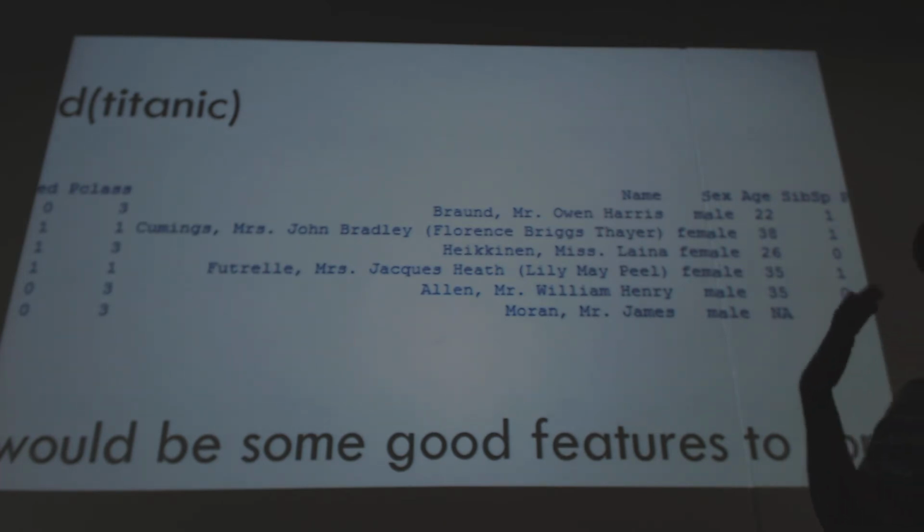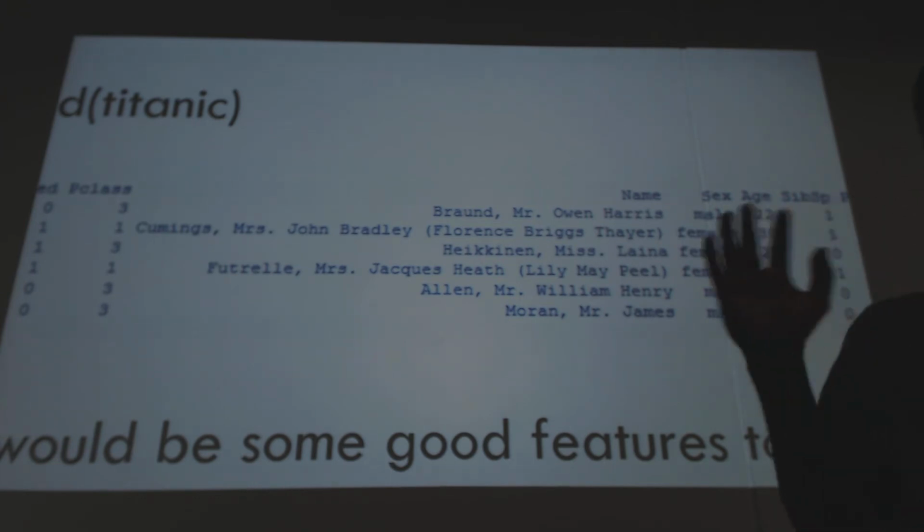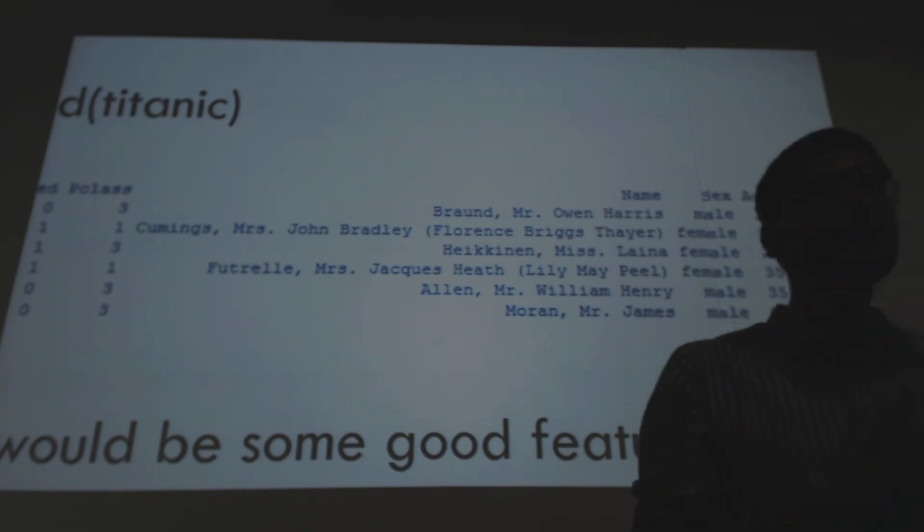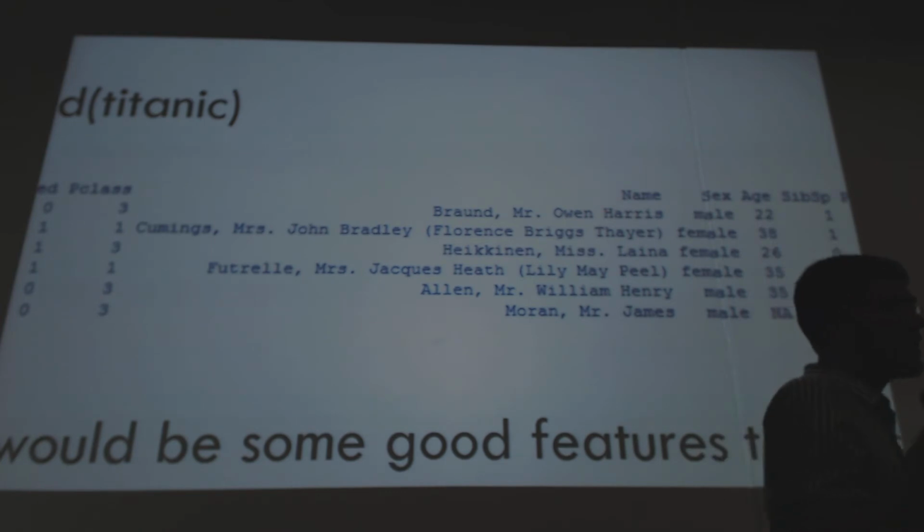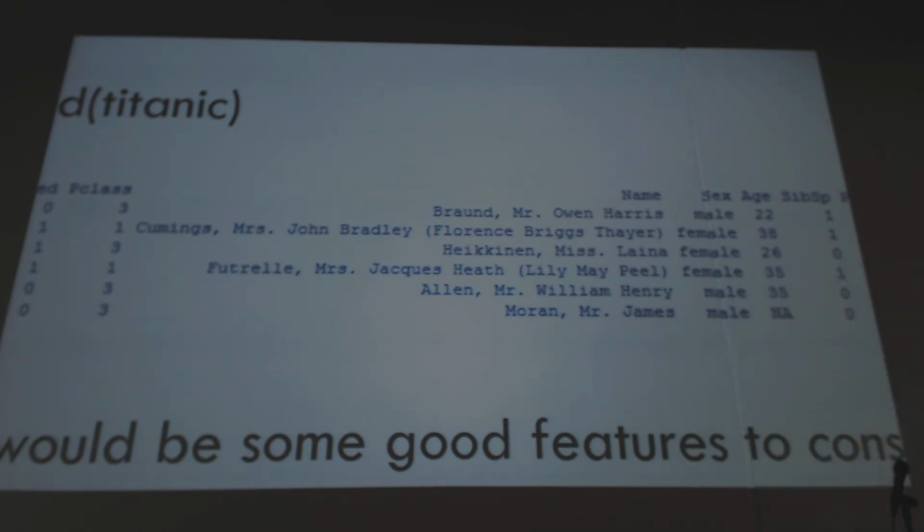Let's say you didn't have a gender column for whatever reason. You could derive the gender from the name. And what if the name has sir or general or something? You never know. So name actually can have some clues into whether the person survived or not.